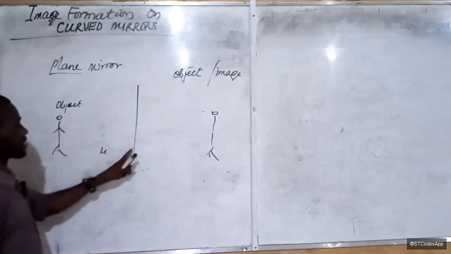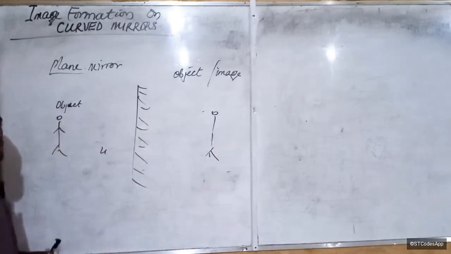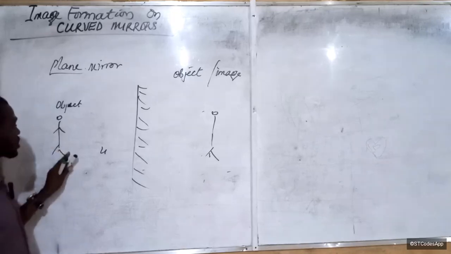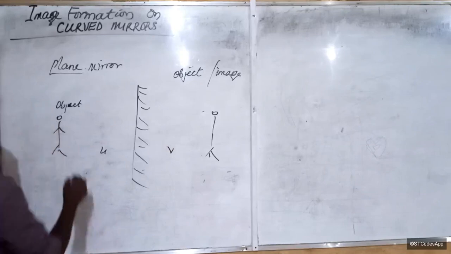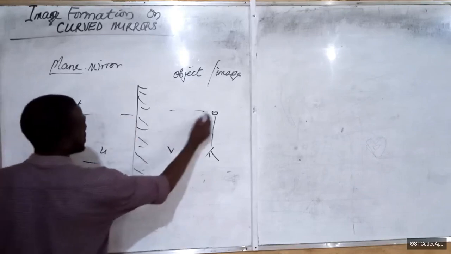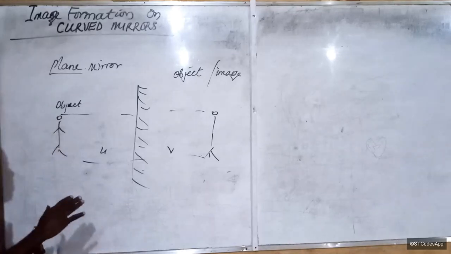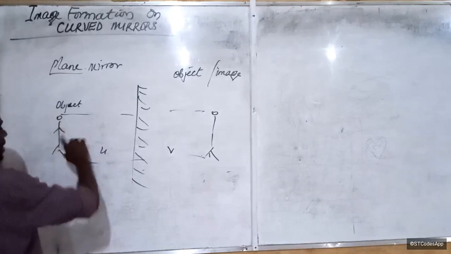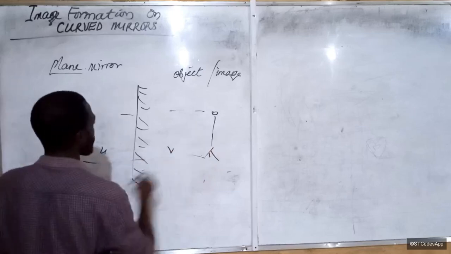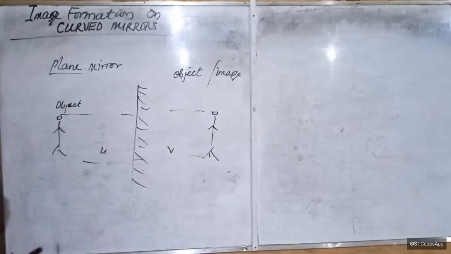The distance between the object and the mirror is the same as the distance between the image and the mirror, with the image formed at the back. They have the same height, meaning the image is not magnified or diminished; it is the same size as the object. The image is also laterally inverted. Lateral inversion simply means the opposite.